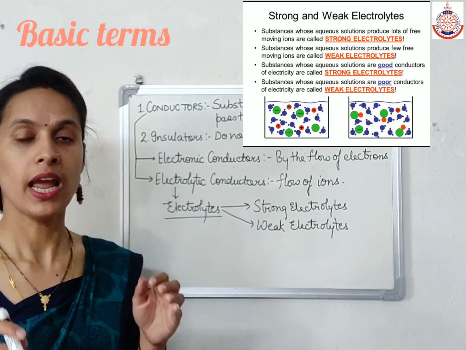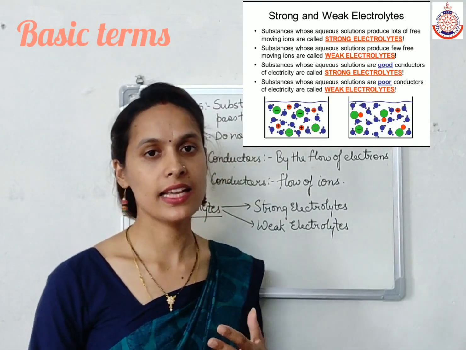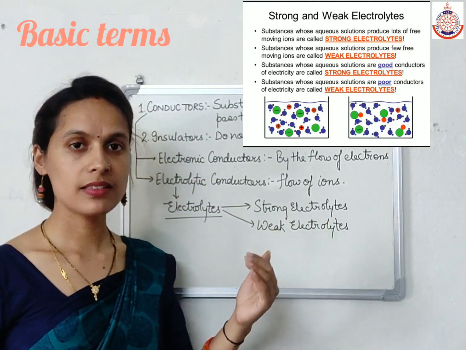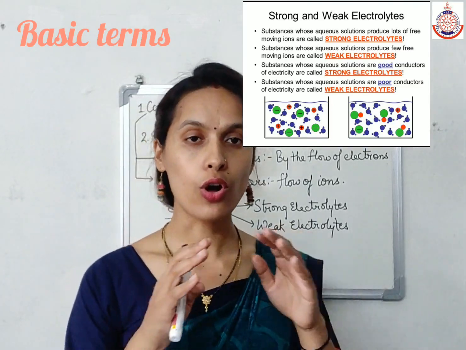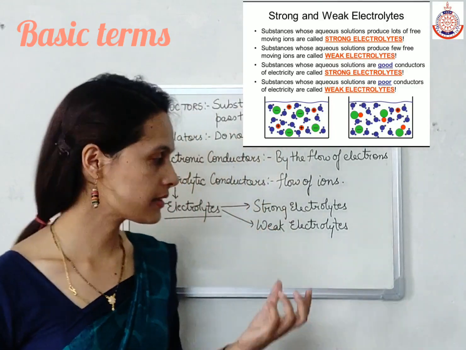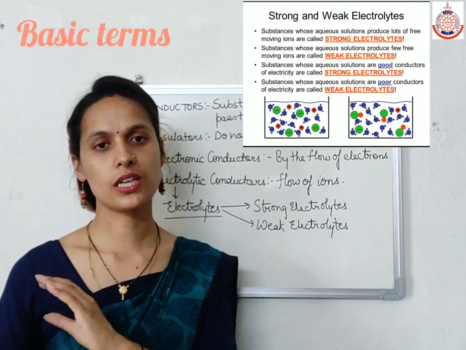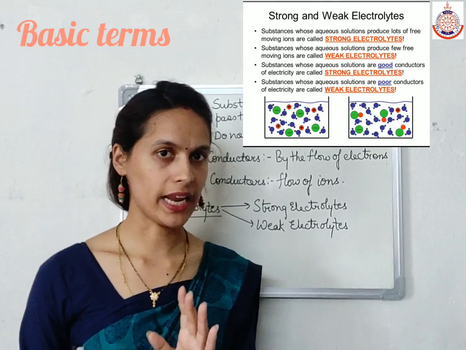And when there is a partial decomposition of the electrolyte, then the electrolyte is termed a weak electrolyte. Considering the number of molecules present in the electrolyte, if all the molecules get converted into ions, then it is a strong electrolyte, and if only some of the molecules get converted into ions, then it is a weak electrolyte.